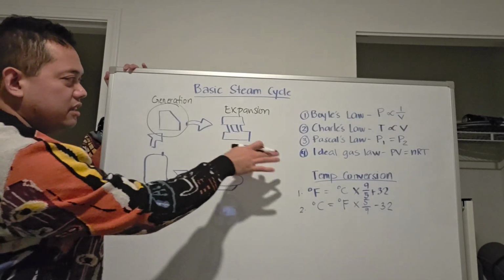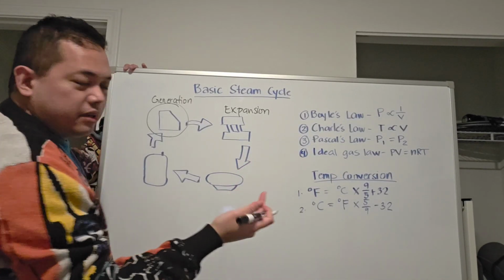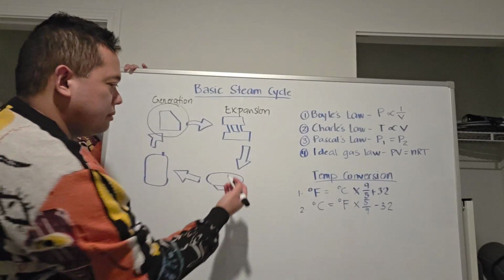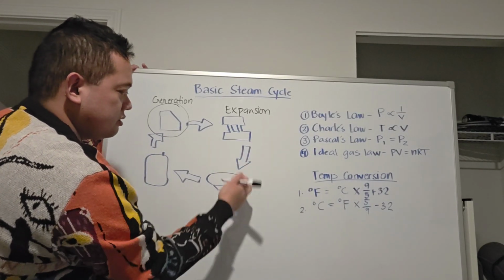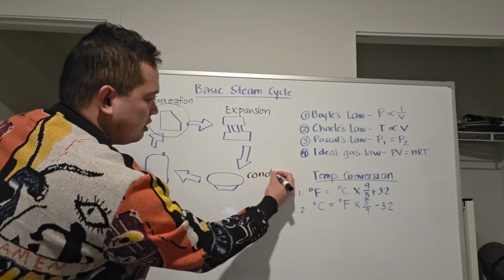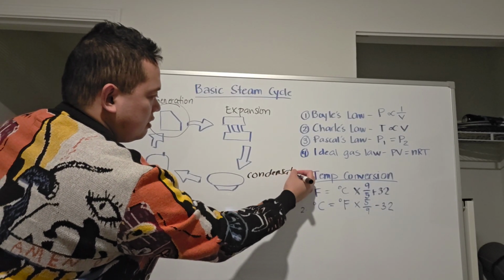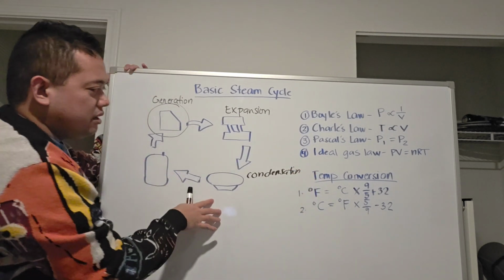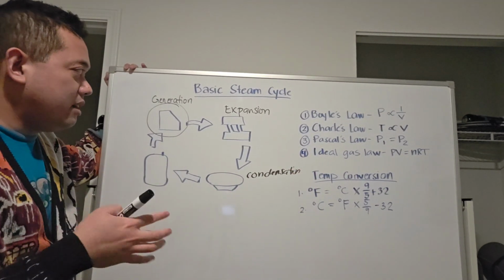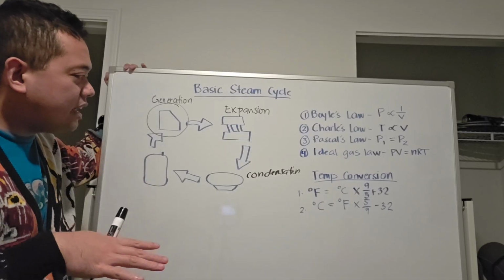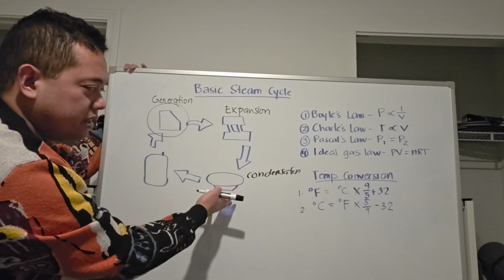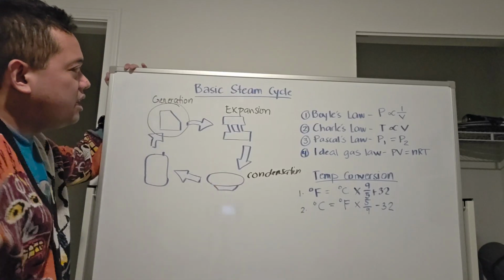Then once all the steam is used up, the machines have exhausted the steam, it goes over here to the third phase, which is condensation. So this one, the steam is absorbed, right? And then after that, it condenses back to liquid form during the condensation stage.